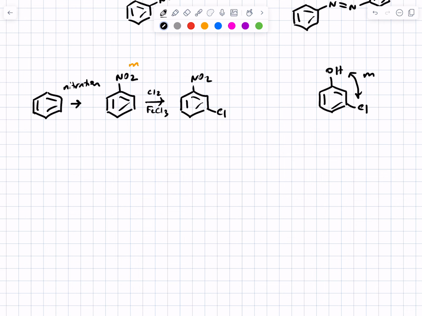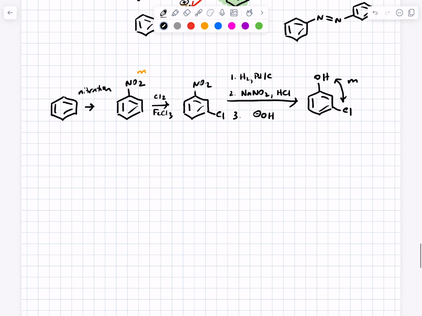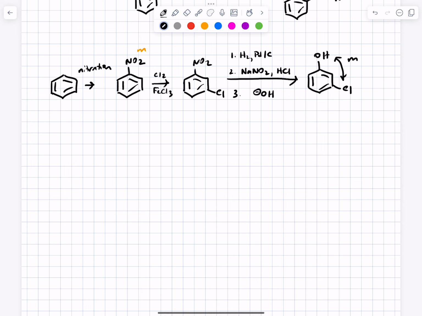And at that stage, then I can do first reduction to get the aniline, then diazotization to get the aryl diazonium, and then finally the nucleophilic aromatic substitution reaction to replace the diazonium with the OH.